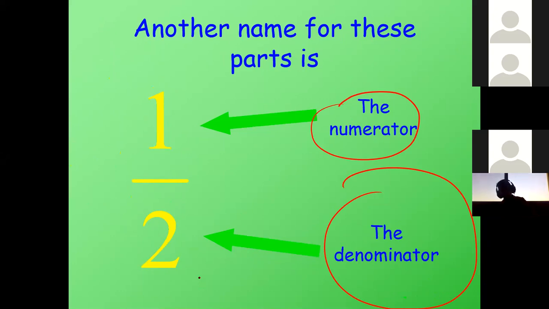The number that's at the top, we call it a numerator. The number that's at the bottom, we call it denominator. You can study it like this: down, denominator, D. So down, it's denominator. Up, we call it a numerator.